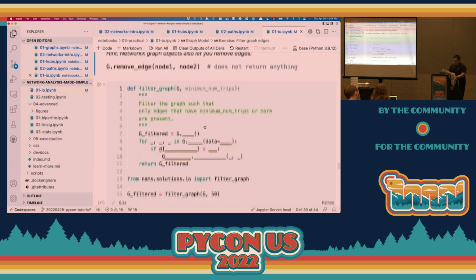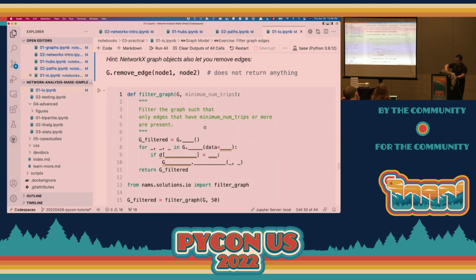One of the things that we do inside this notebook, which I'm not going to harp on too much, is that we can filter the graph for particular properties. If you have a graph like this guy over here, and you wanted to plot only the edges that had 100 trips or more between bike stations, then by necessity, we have to filter the graph and get rid of or not consider edges that are less than 100.